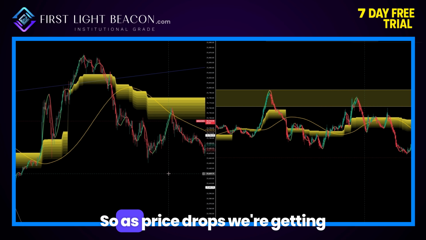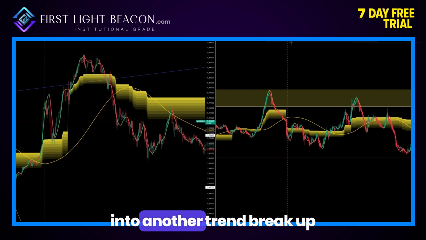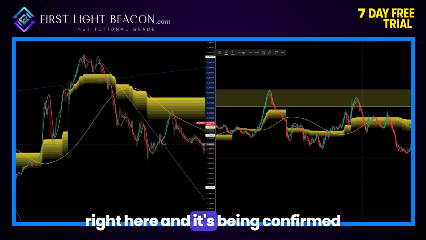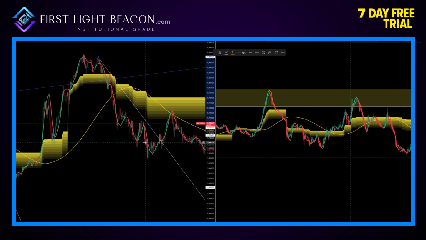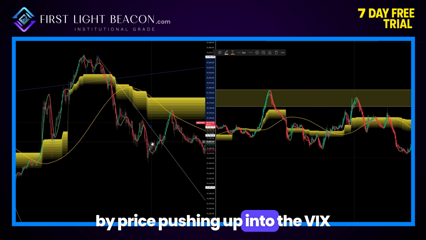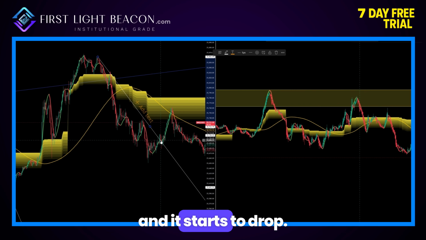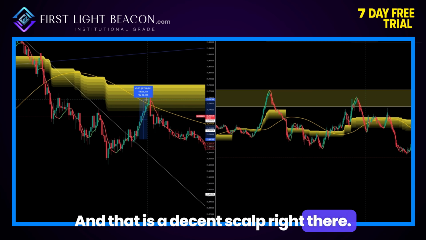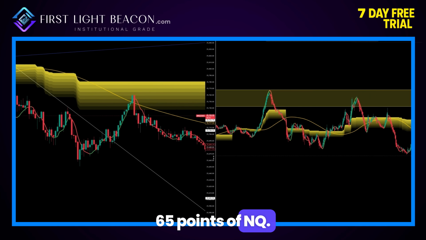So as price drops, we're getting into another trend break up right here, and it's being confirmed by price pushing up into the VIX, and it starts to drop, and then there's your trend break, and that is a decent scalp right there, 65 points of NQ, right?